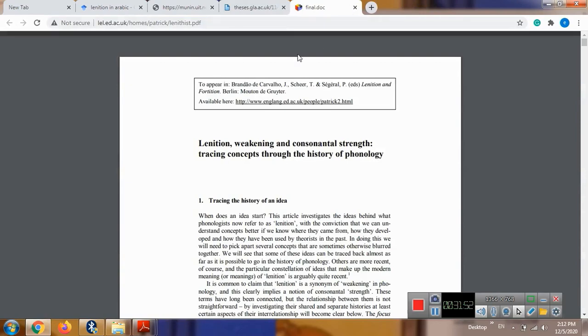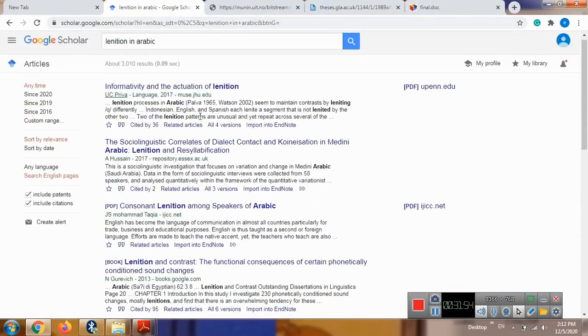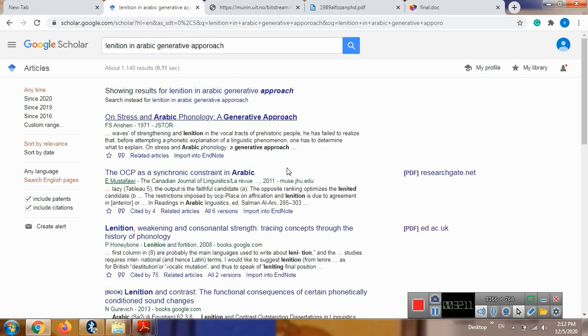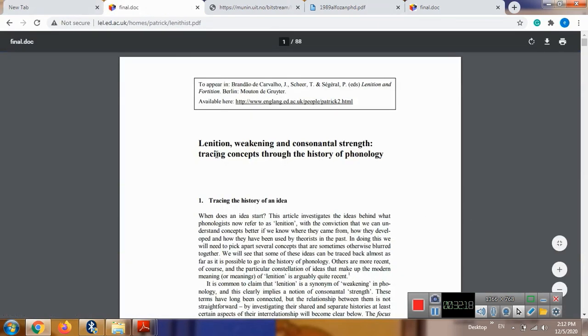I explained this matter to you according to the generative approach. You should search in this way, based on the generative approach. For example, lenition based on the generative approach.